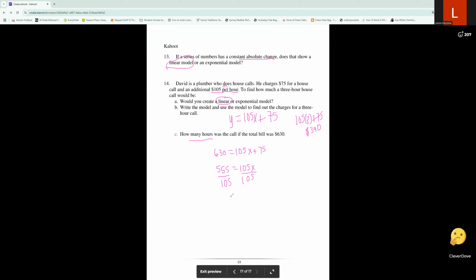And we would get about 5.2857... They didn't tell us what to round to, so we'll do 1 decimal place. So he worked there for 5.3 hours.